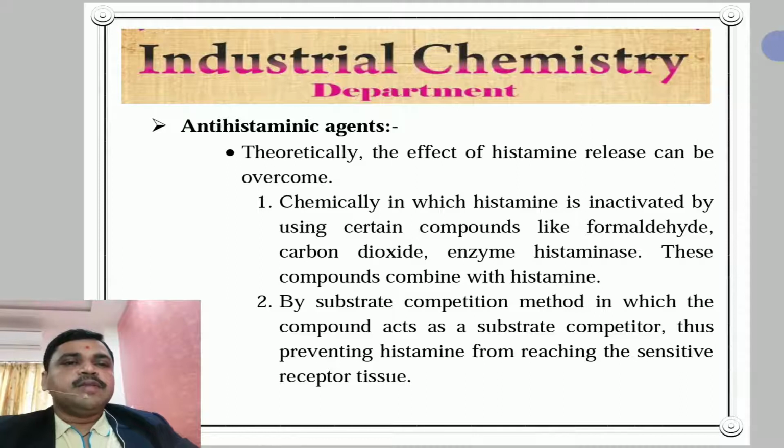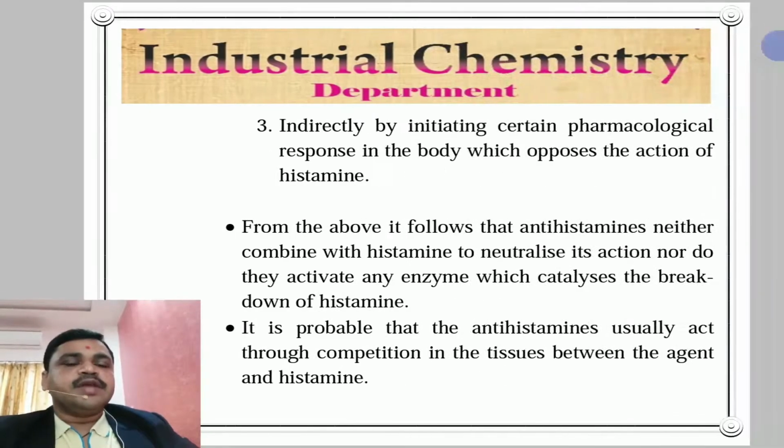Number 2, by substrate competition method, in which the compound acts as a substrate competitor, thus preventing histamine from reaching the sensitive receptor tissues. And number 3, indirectly by initiating certain pharmacological response in the body which opposes the action of histamine.